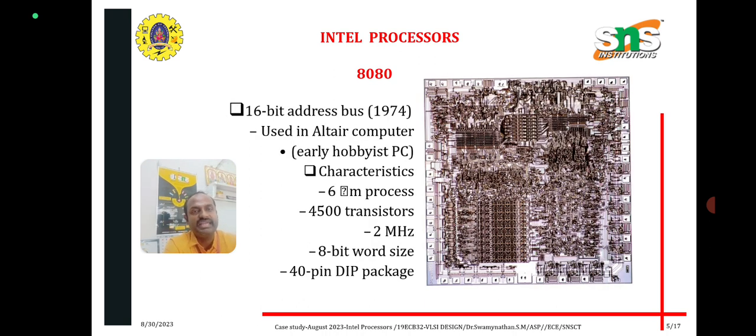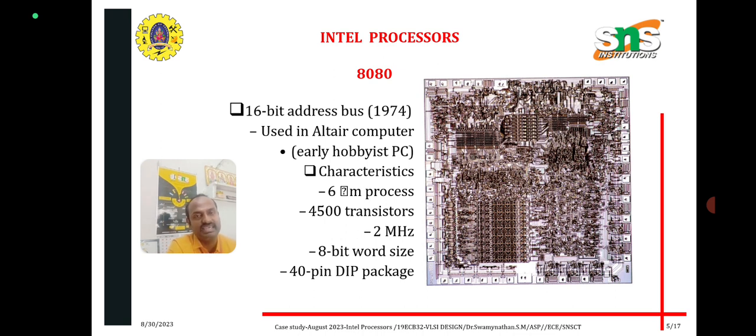And next, 8080, that is another Intel processor. It used a 16-bit address bus, in the year 1974, in the Altair computer, that is a PC. It is also using 6 micrometer, that is from 10 micrometer to 6 micrometer the process was reduced, because based on the nanometer technology only we are making the chip process.